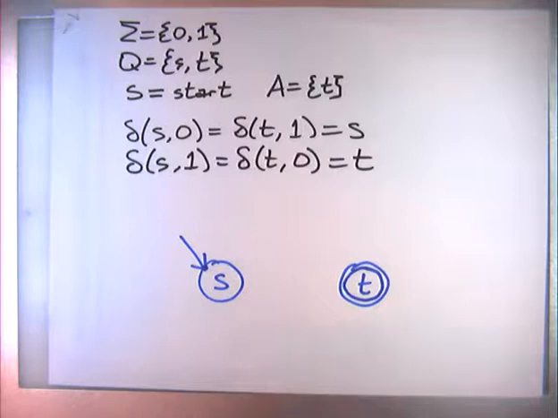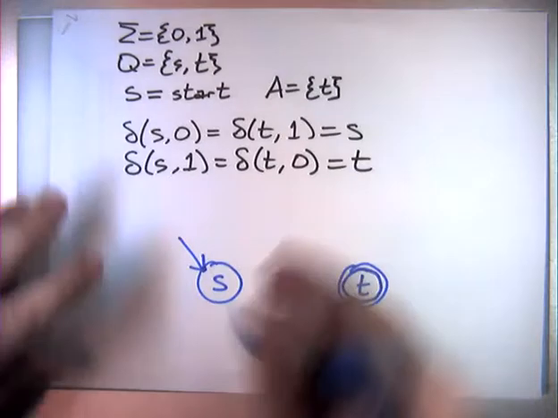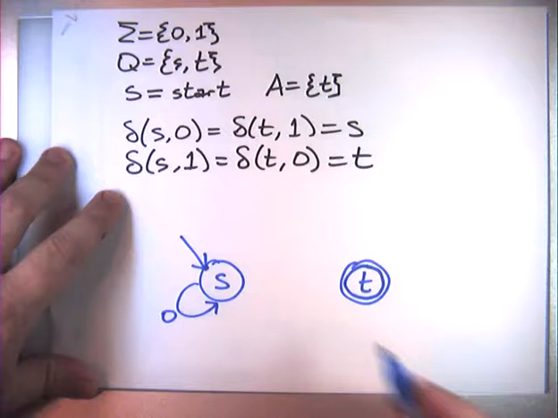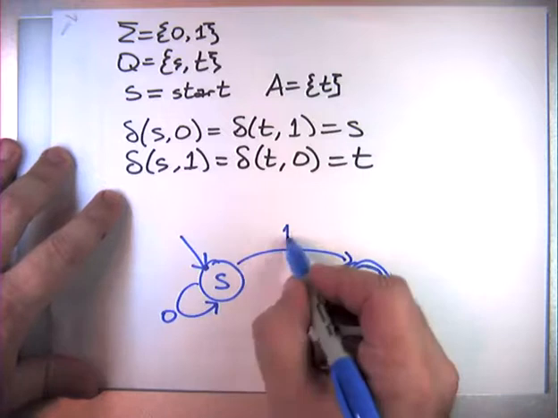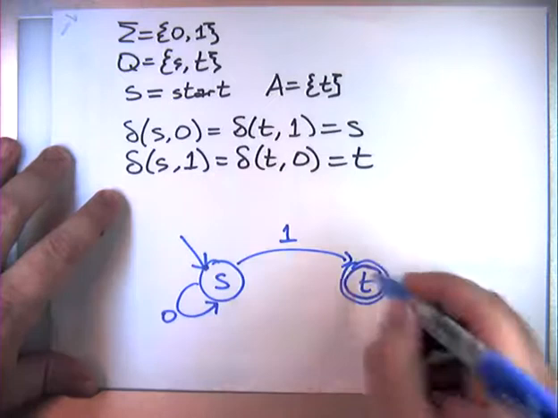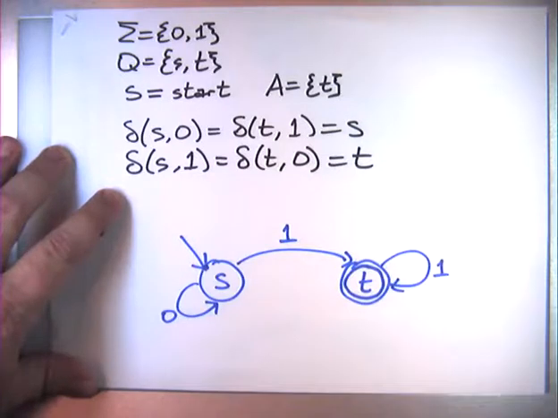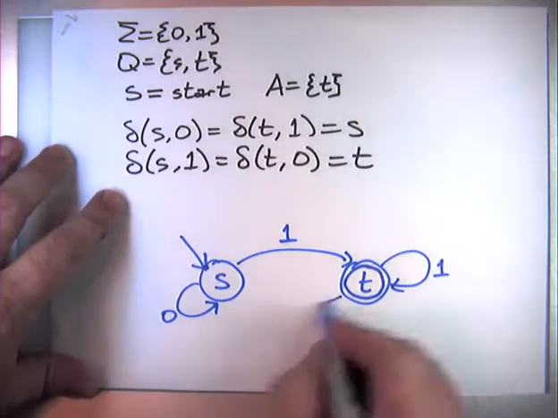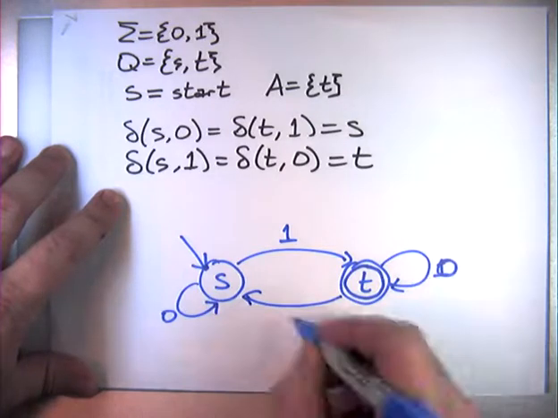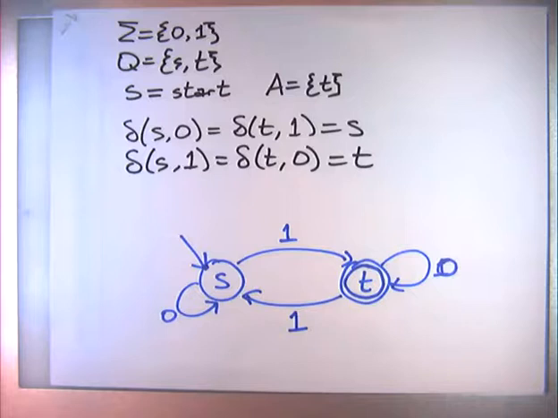So there's an arrow leaving S that's labeled with a 0. That points back to S. There's an arrow leaving S labeled with a 1. That points to T. There's an arrow labeled with a 1 that points from T back to T. And an outgoing arrow from T labeled with a 0 that goes back to S. Right.